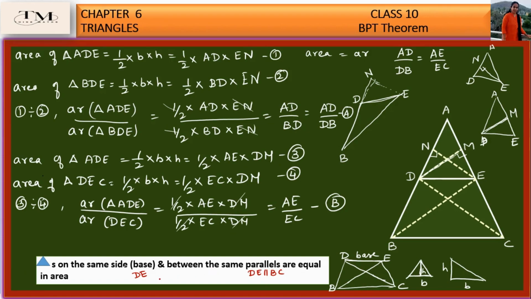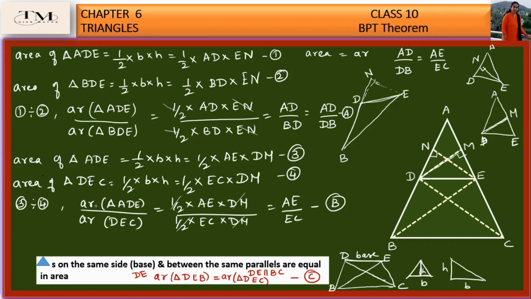If this is so, then their areas, the area DBE and DEC are equal. So we studied this in 9th standard. So area of triangle DEB will be equal to area of triangle DEC. So this is C. Okay.